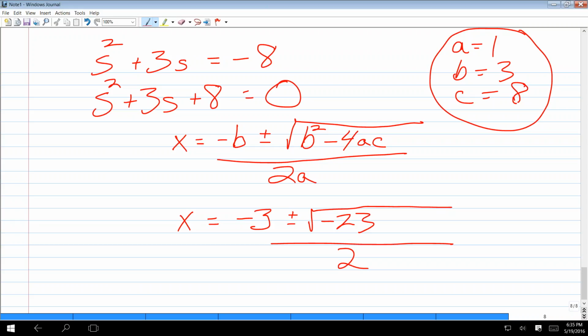Now, let's talk about something as long as this is a question you're getting. The expression inside the radical actually has its own name. It's called the discriminant.